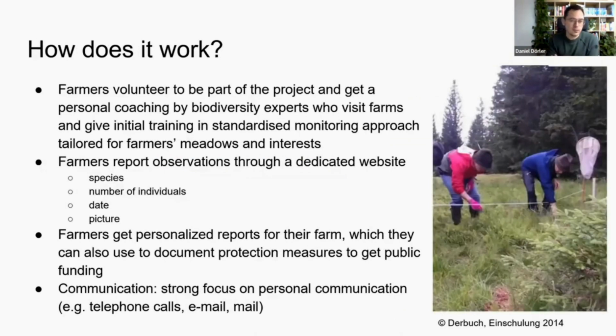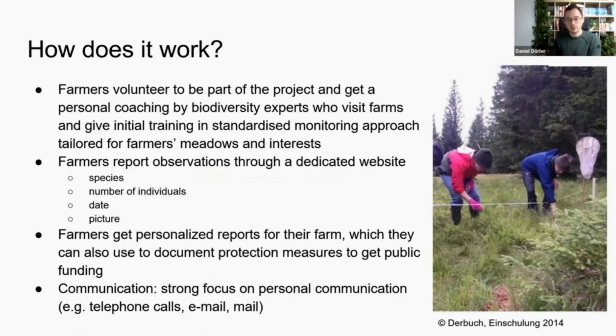The farmers volunteer to be part of the project, and then they get a personal coaching by biodiversity experts who really visit their farms and give them some initial training in a standardized monitoring approach. And this standardized monitoring approach is tailored for the farmers' meadows and also interests.